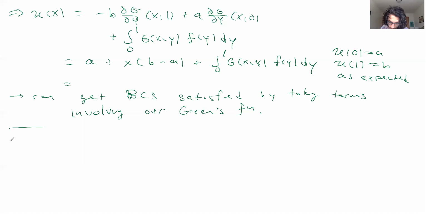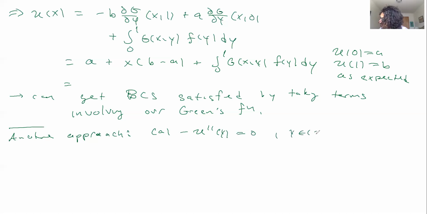One more approach before we move on, okay? Let's say we have u''(y) = 0, y goes from 0 to 1, and we have g_yy(x,y) = delta of x minus y, and y goes from 0 to 1, okay?